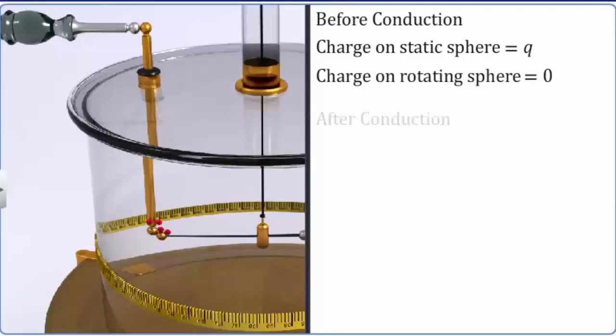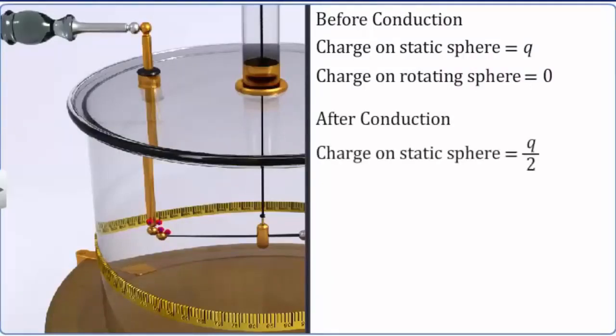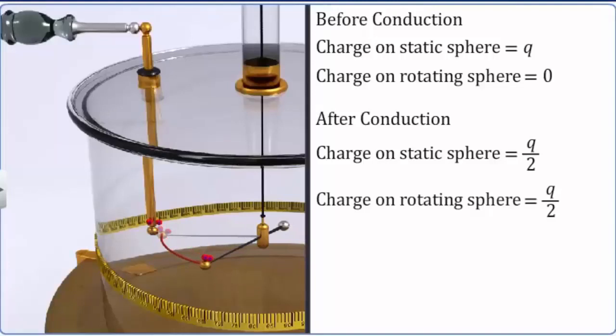Due to conduction, the charged static sphere now loses half of its charge, that is, Q by 2, to the other sphere. This happens because the two metal spheres are identical in size. Now, both the spheres are identically charged with a charge of Q by 2 each. They start repelling each other since like charges repel.